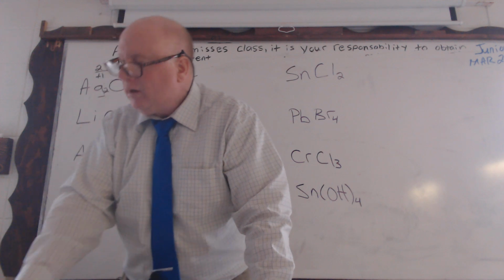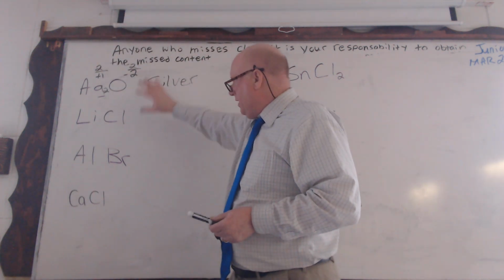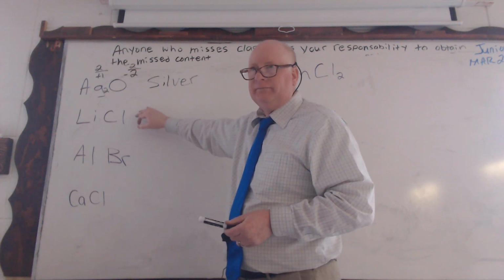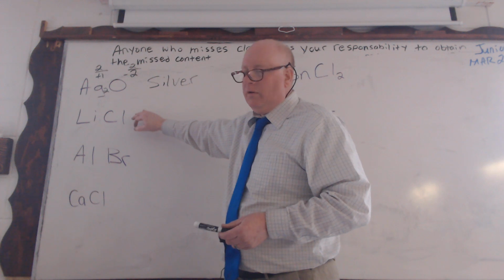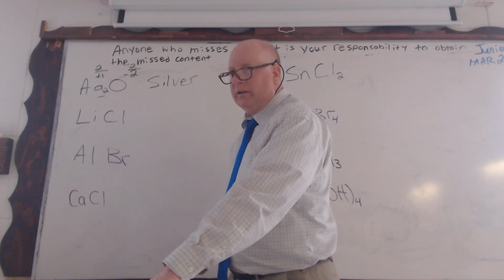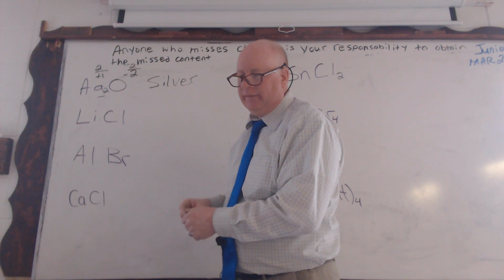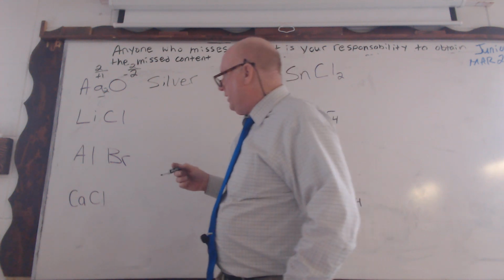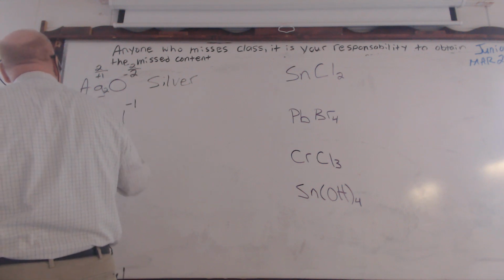Okay? So what that means then, we just said what does chlorine have for a charge? We just read it in the book at the very bottom of page 565. -1. A chloride ion has a charge of -1.